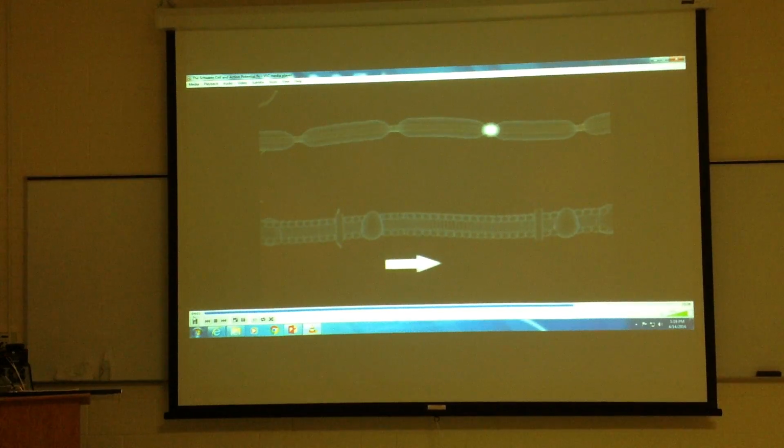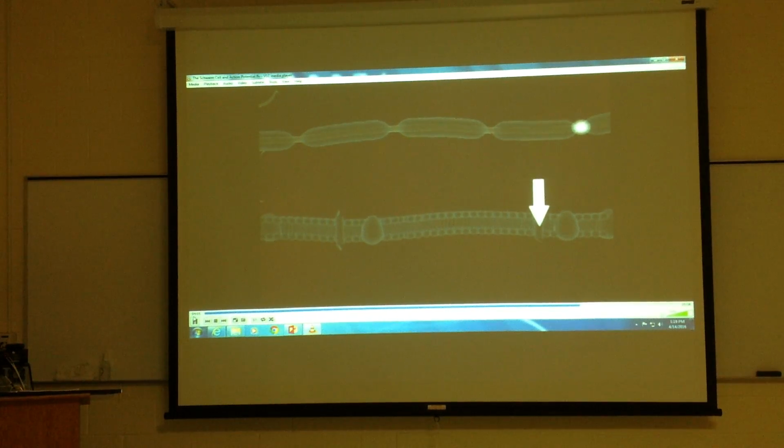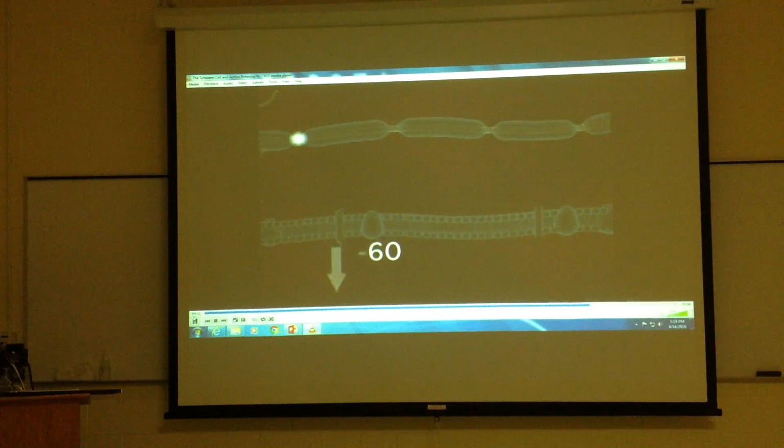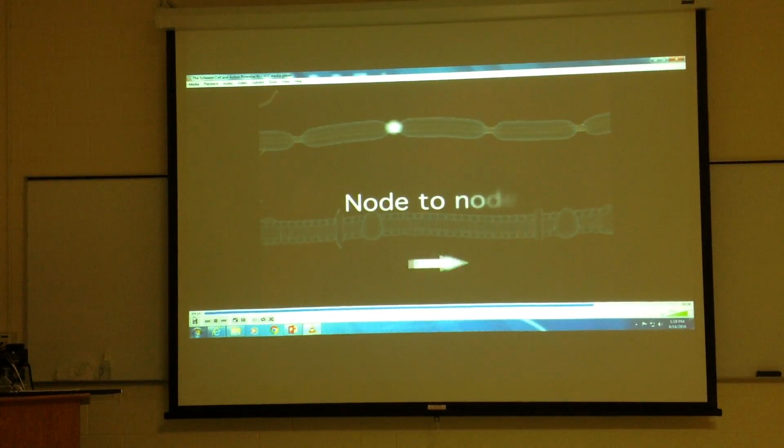The sodium gates open wide, sodium floods in, and we have an action potential. Again, the sodium diffuses through the axoplasm, reaching the next node. An action potential develops. The process is continued down the myelinated axon, passing from node to node.